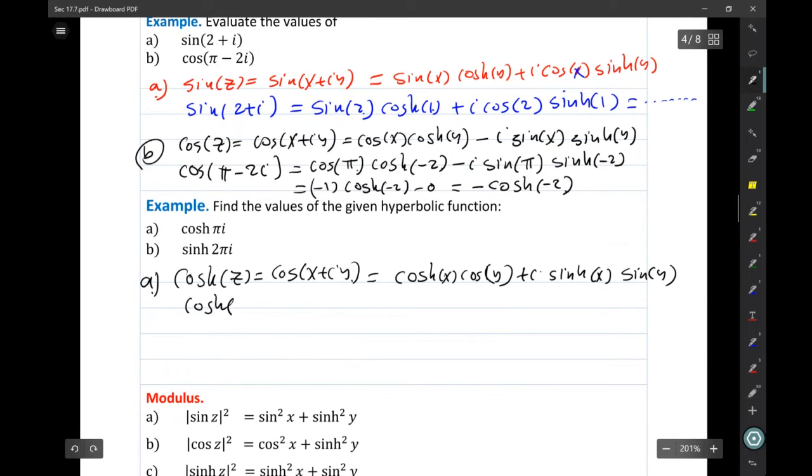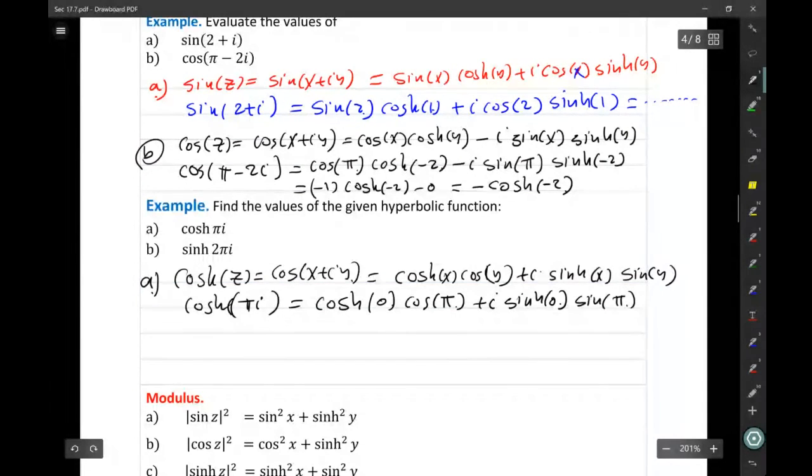Now cos of pi i is cos 0 cosine pi plus i sin 0 sin pi. Cos 0 is equal to 1 and cosine pi is equal to minus 1. Sin 0 is 0, so this is equal to 1 times minus 1, which is minus 1.